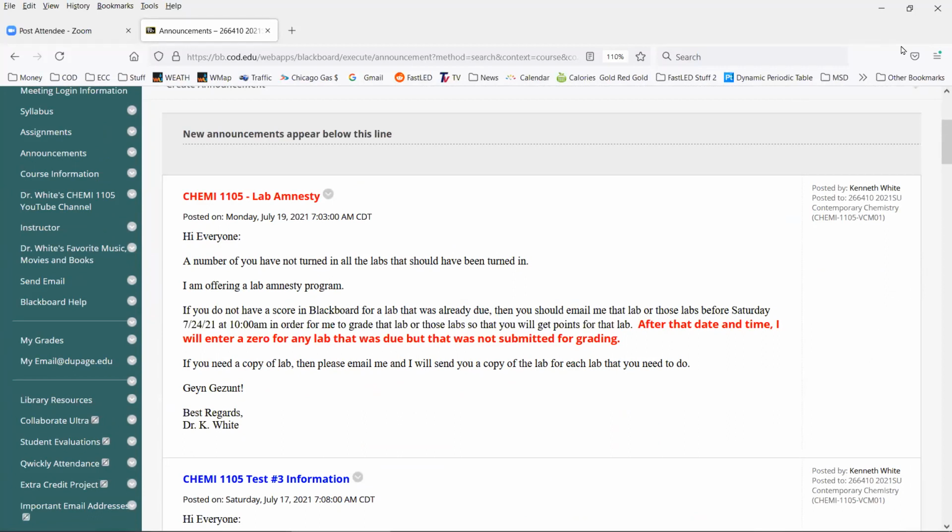Last night, and I put it out this morning, I am offering everybody a lab amnesty. A number of you have not turned in all the labs up to date. If you look in Blackboard and you don't have a score for a lab that's already due, then you should email me that lab, or those labs if it's more than one, before this Saturday, 10 a.m., so that I can grade them and you'll get points for it.